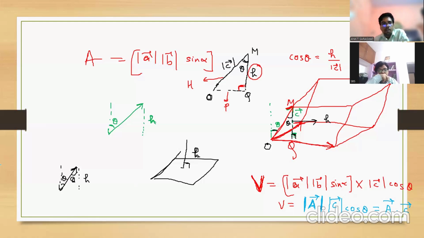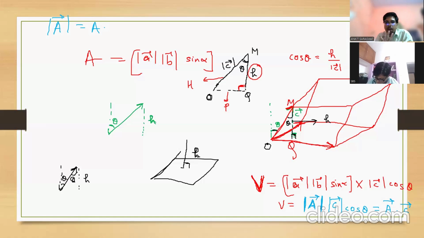This I have denoted now. This A is what? Vectorial area has direction and magnitude. That magnitude is this mod A, which I have written as the mod A vector. Understood?